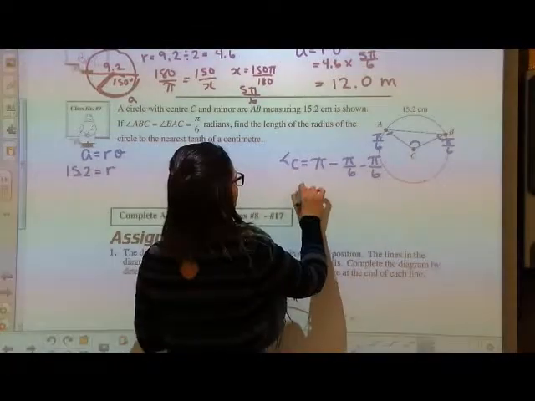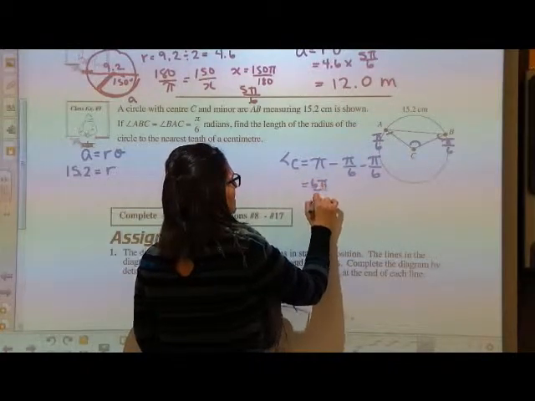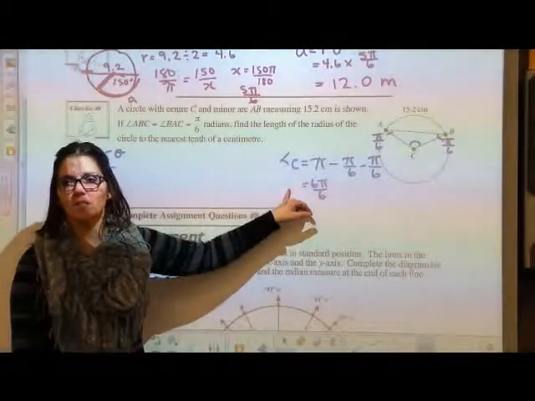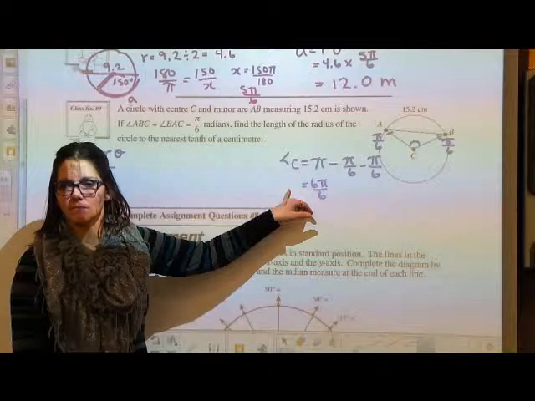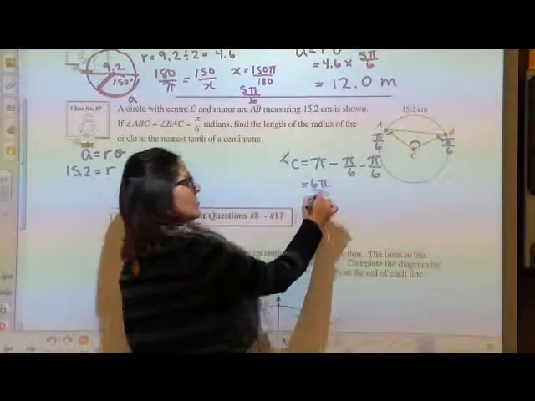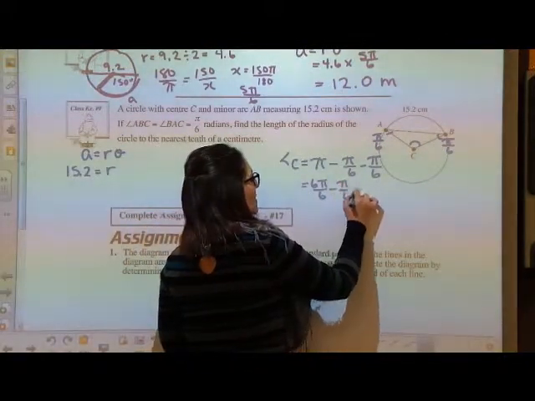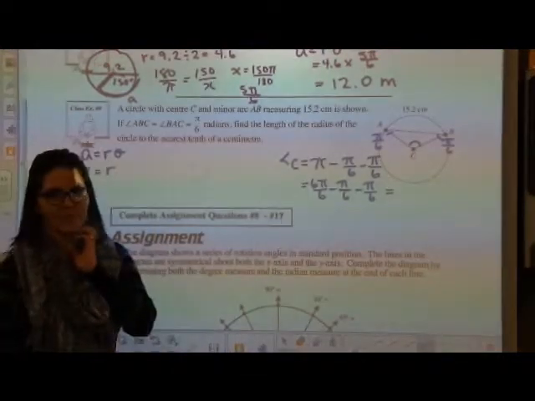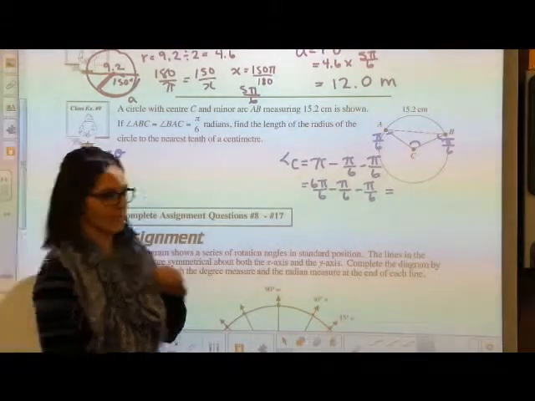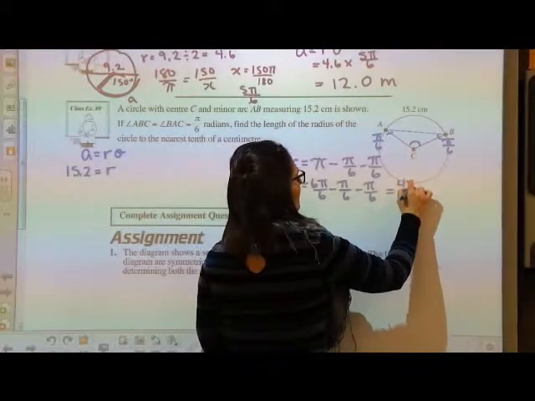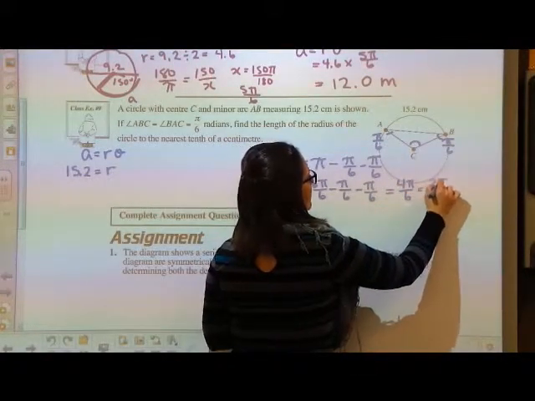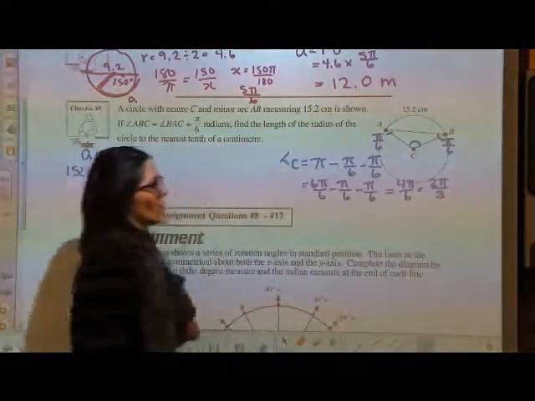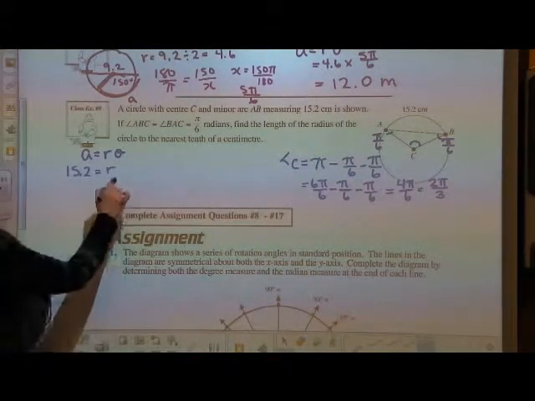So this pi here, is that the same as 6 pi over 6? So if I write it as 6 pi over 6 and I start subtracting 2 pi's over 6, what do I get? 4 pi over 6, which becomes 2 pi over 3.